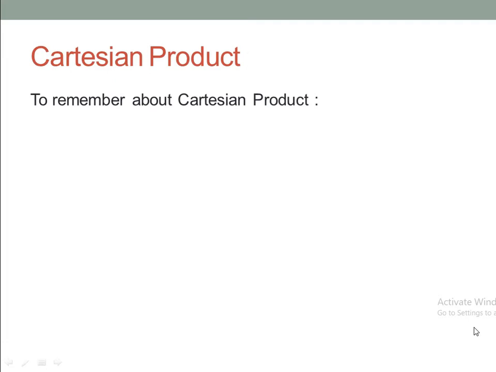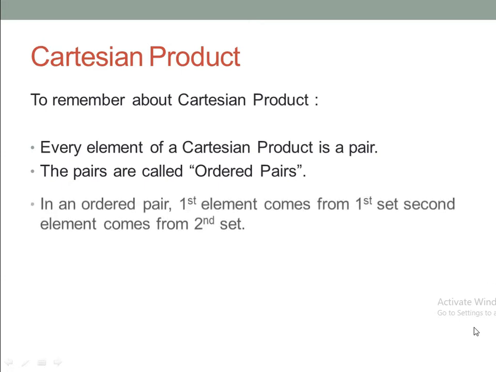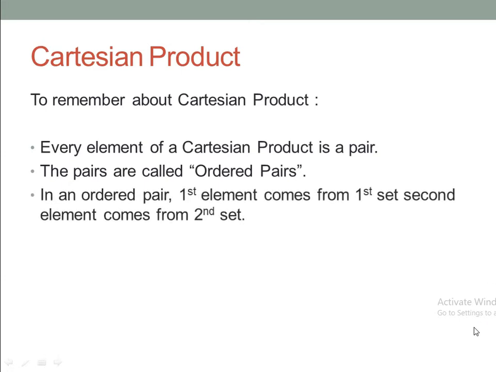Some important features that are to remember about Cartesian product. Every element of a Cartesian product is a pair. The pairs are called ordered pairs. In an ordered pair, first element comes from first set and second element comes from the second set.